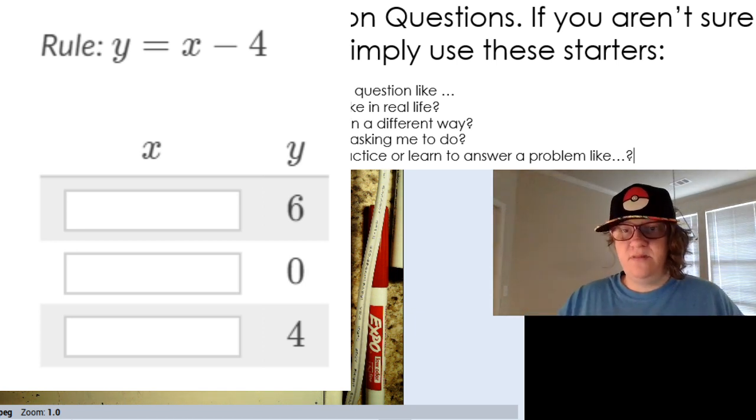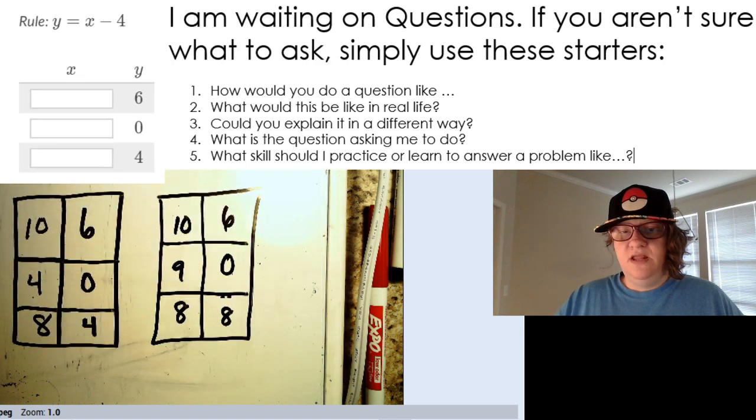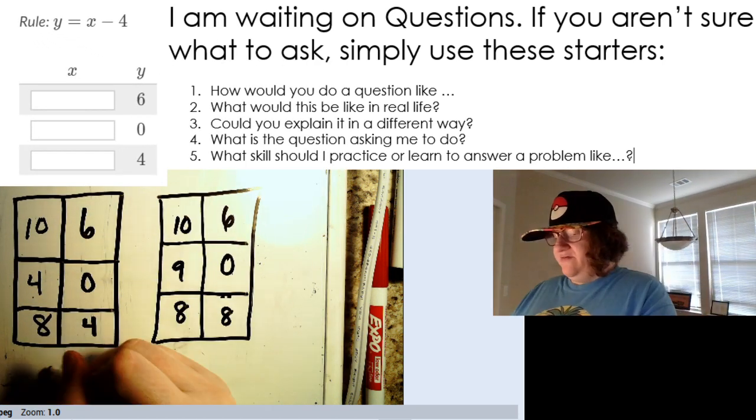All right, so here are the tables I've created for you.